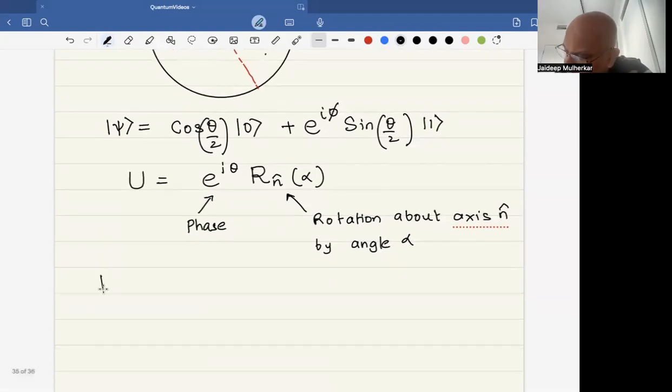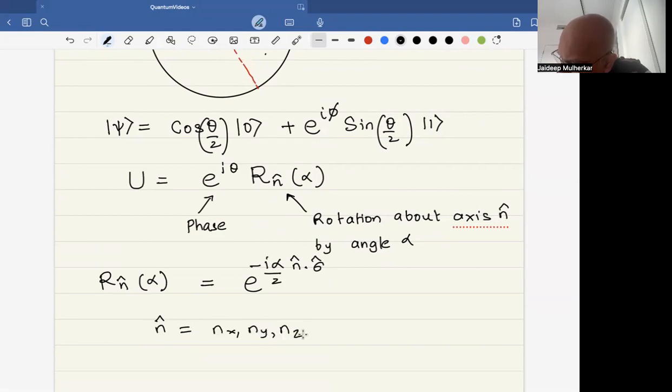In fact, one can show that this rotation can be given in terms of Pauli matrices. So this can be written as e to the minus i alpha over 2 n dot sigma hat, where n is our unit vector nx, ny, nz, and sigma hat is just the Pauli matrices x, y, and z.